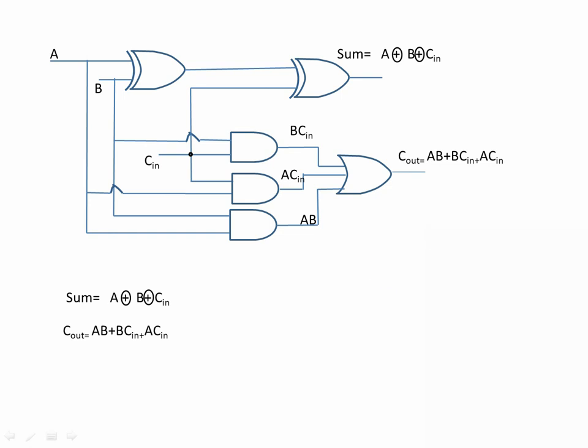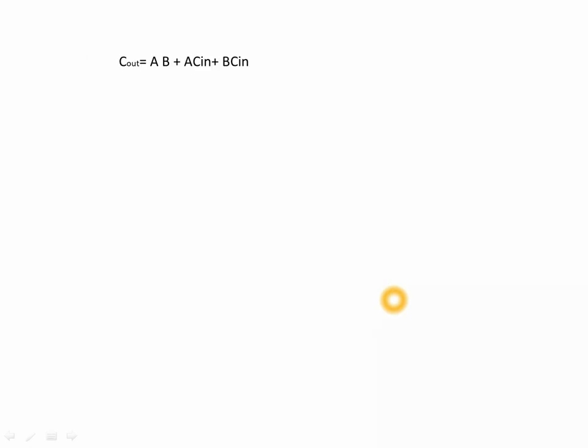This is the full adder circuit diagram, and we can draw it here to see the sum, A exclusive OR B exclusive OR Cin.